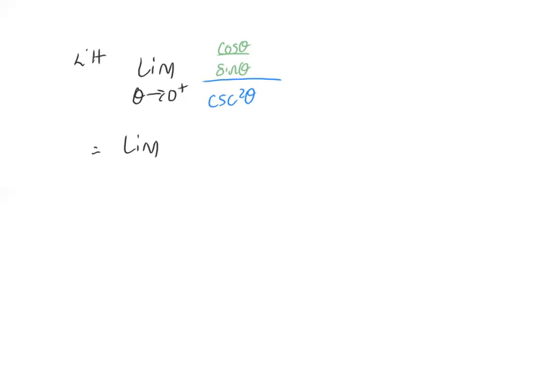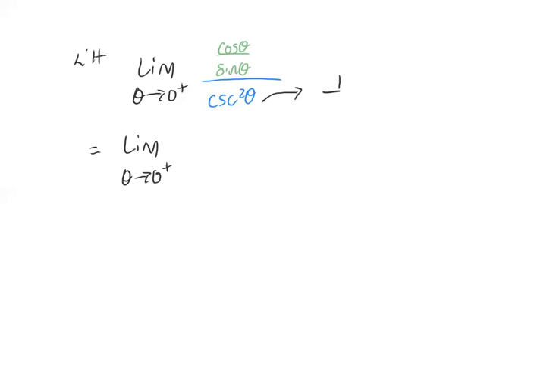which means I'm going to use L'Hopital's rule to rewrite that limit as theta approaches 0 from the right as f prime of x, which I said is cosine theta over sine theta, divided by g prime, which is cosecant squared theta. Okay, I am going to use my knowledge of trigonometry and algebra to rewrite this. See if it simplifies.